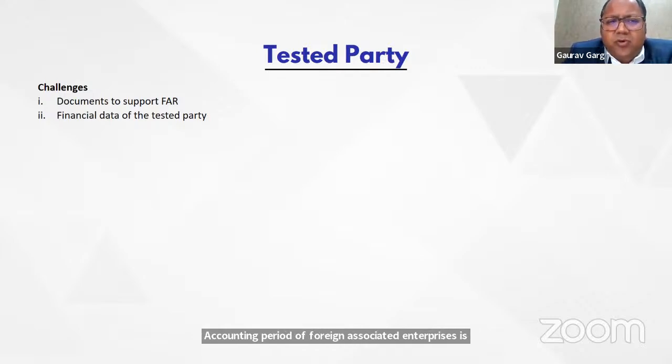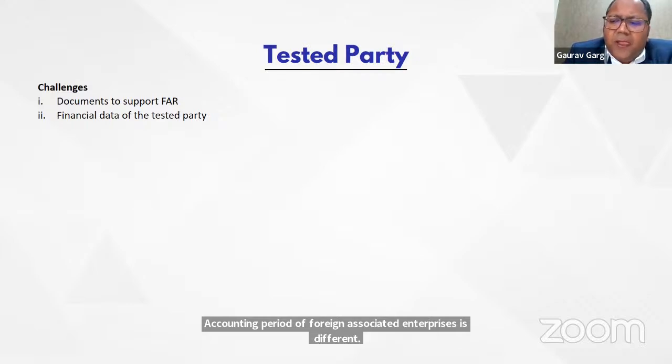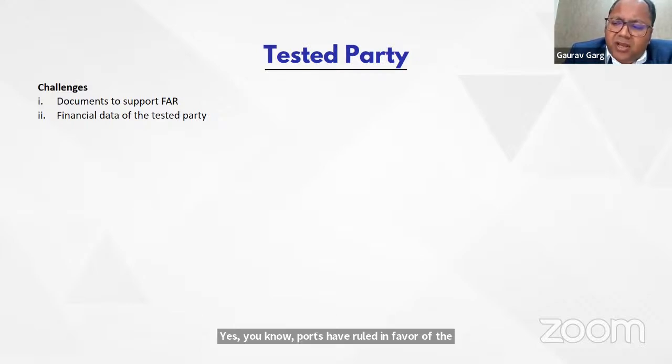But yes, courts have ruled in favor of the taxpayer that, let's say, if in India the accounting period is April to March, whereas in the foreign country the accounting period is Jan to December, one can certainly take Jan to December financials for benchmarking. So, for example, for the period of April to March 24, one can consider Jan to December 23.